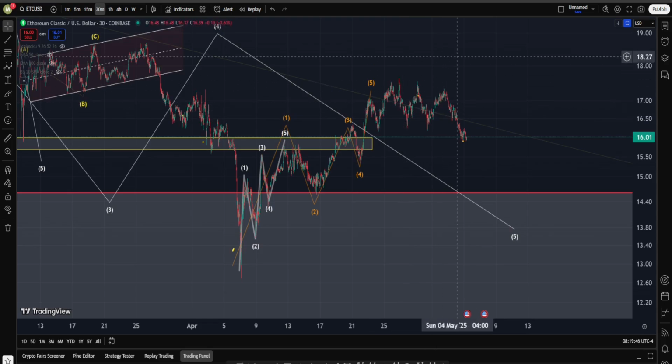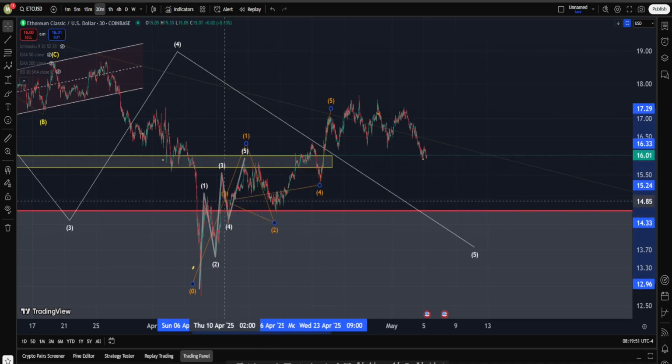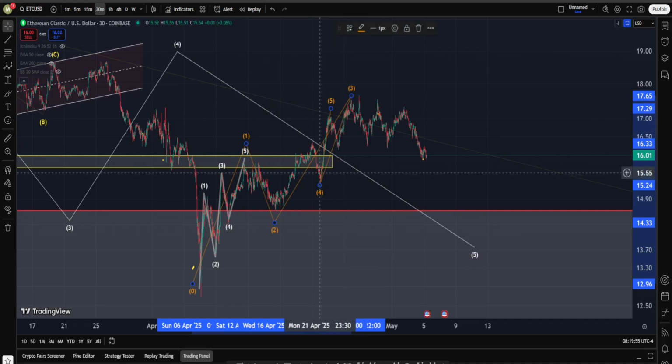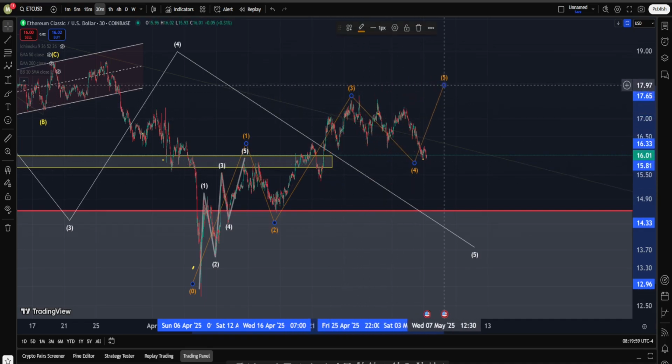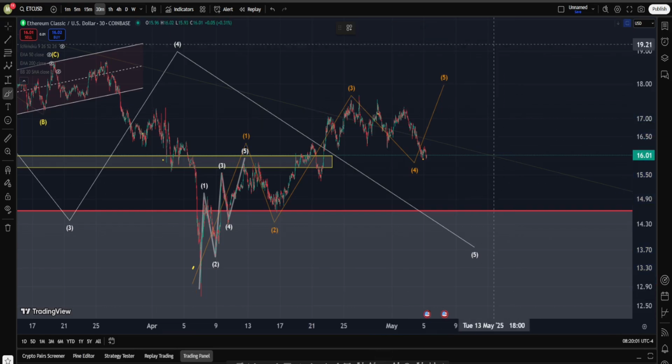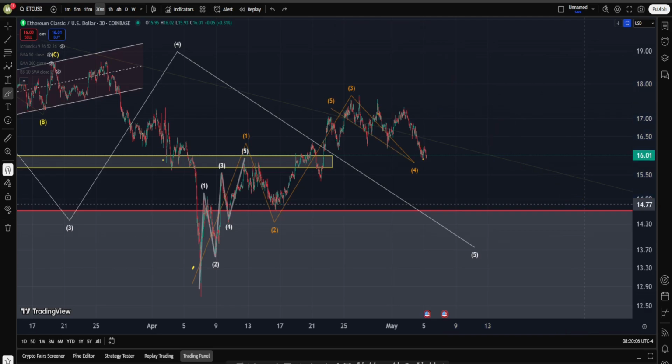On the other hand, you can say maybe we are having something like this. This is surely one correction for wave 2, but we may have 5 up into wave 3, correction for 4, and then we're going to have surely another move up into wave 5. And what's going to happen next? Again, the same thing. We are going to have a move on the downside. So question, which scenario is going to happen?